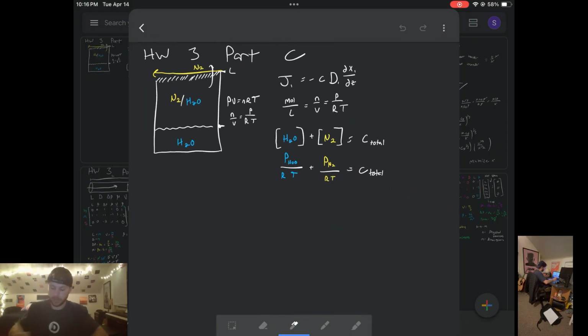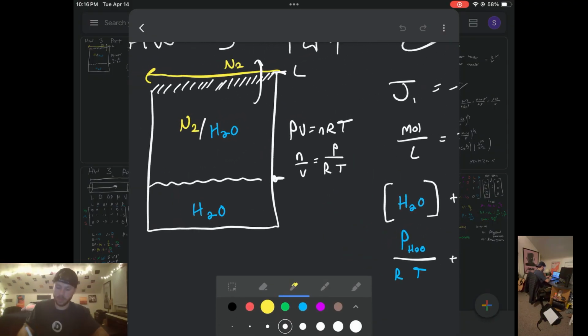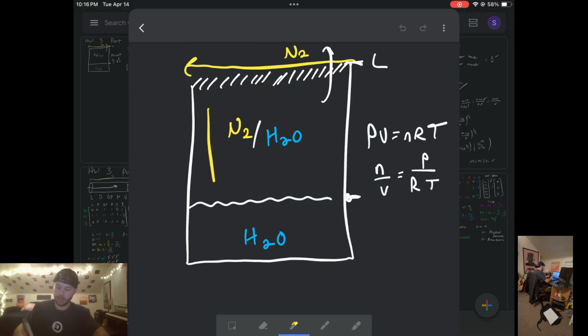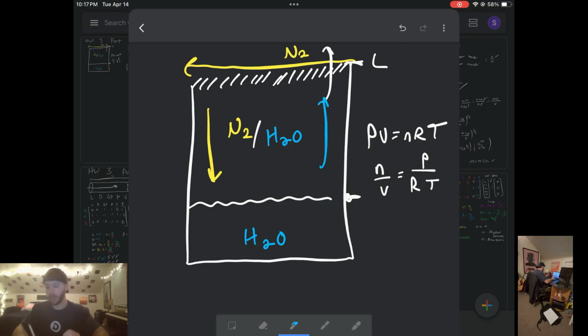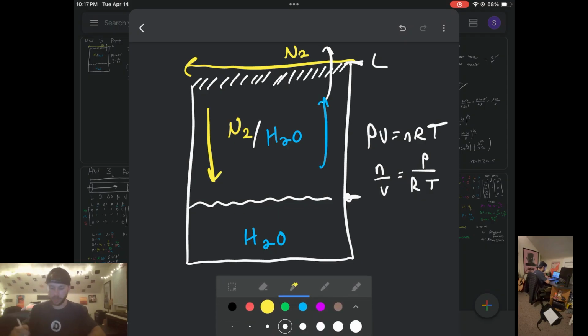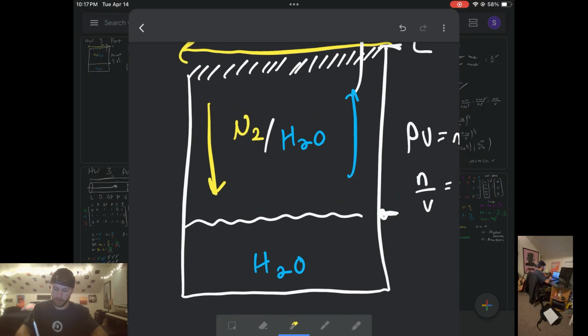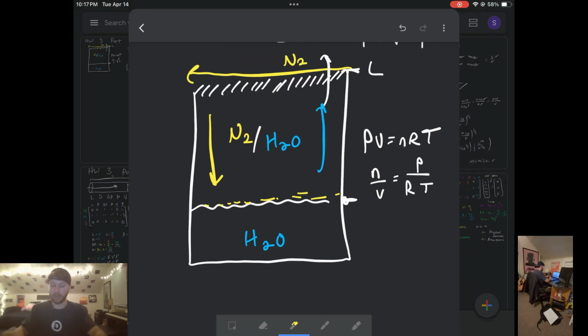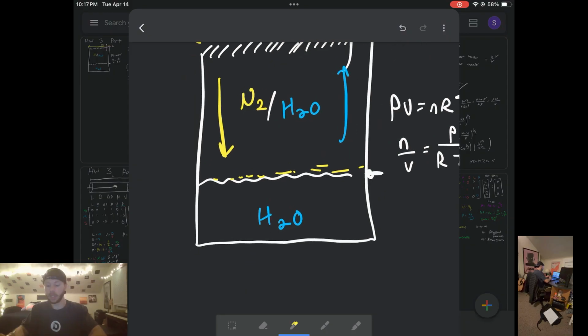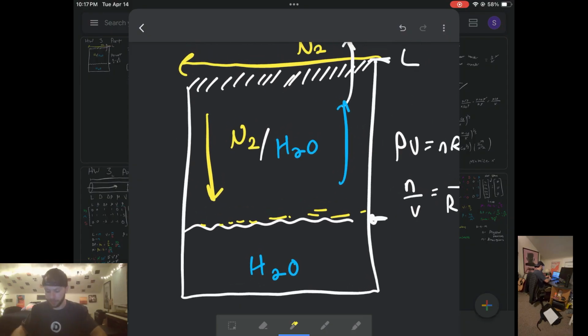If we look at our system here, we could say our nitrogen is flowing down while our water is flowing up. Now when the nitrogen reaches the bottom down here, it has nowhere to go because it reaches that liquid water phase, and we are at stagnant vapor pressure, meaning the pressures aren't going to change.